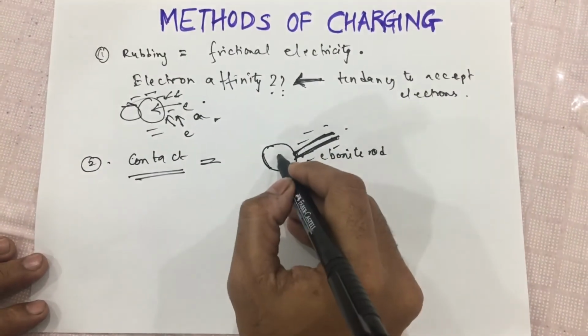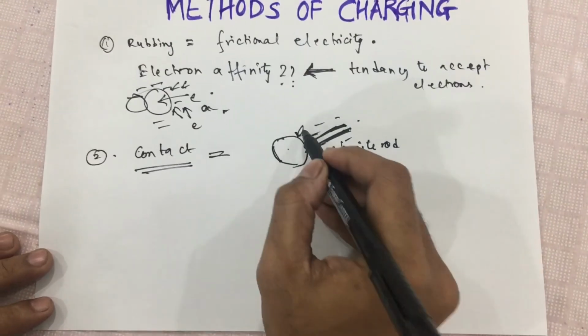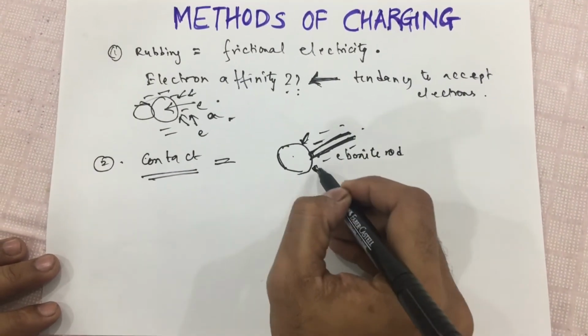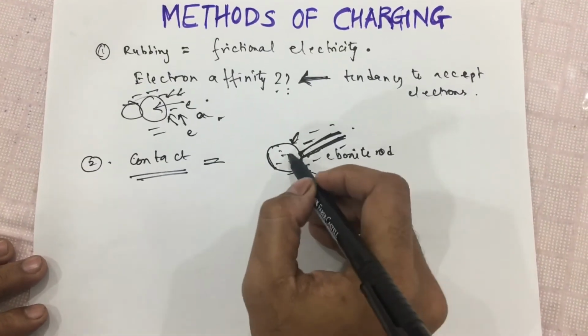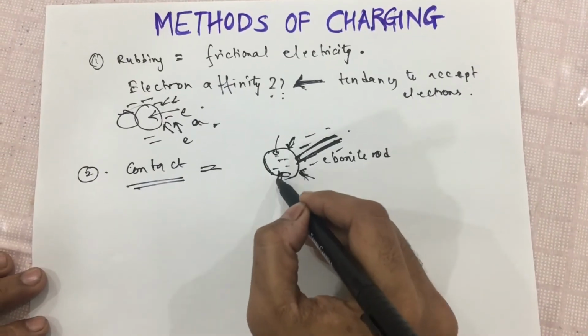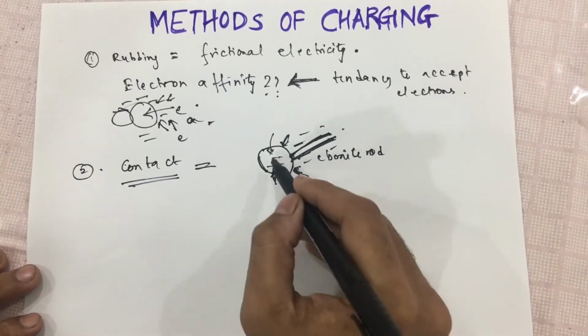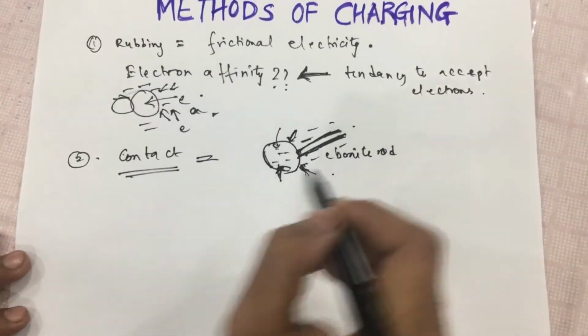When it is brought close to that body, the excess electrons, what we call the free electrons, move to this body and it develops a negative charge because it will be having a few of the excess electrons which have been transferred from the ebonite rod. So this is charging by contact.